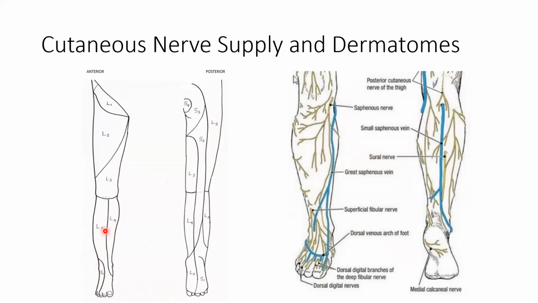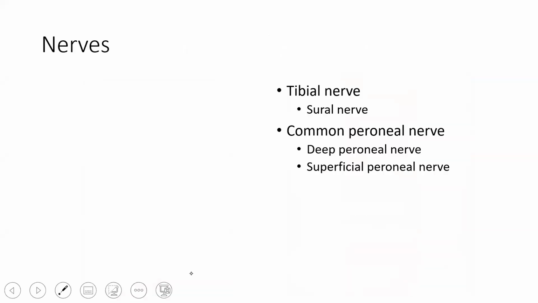So you have to know about this to detect any spinal damage. If there's spinal damage at the L4 level, you won't be able to feel sensations in this area. For that you have to know about the dermatomes. So you can leisurely study these diagrams.